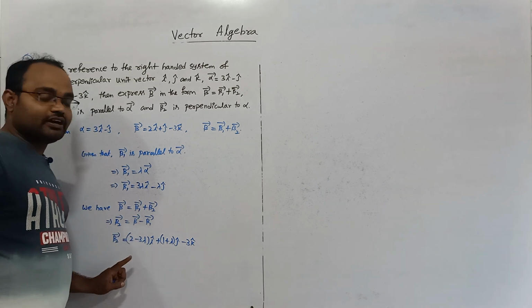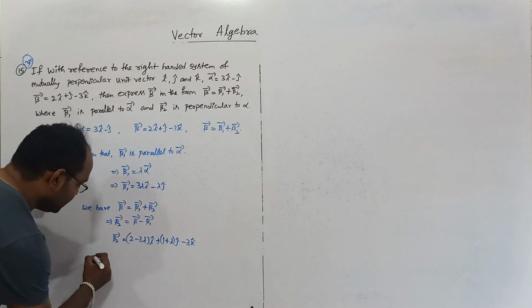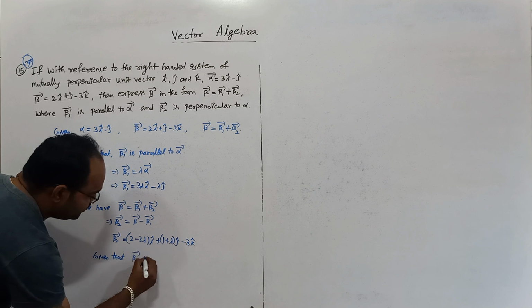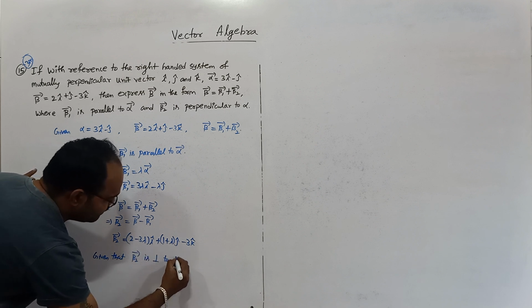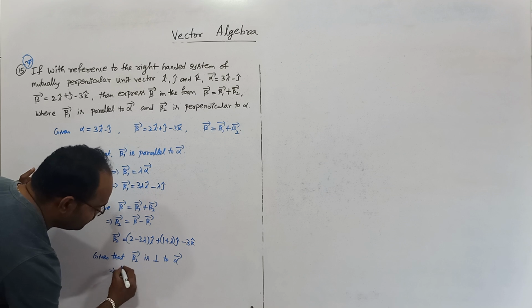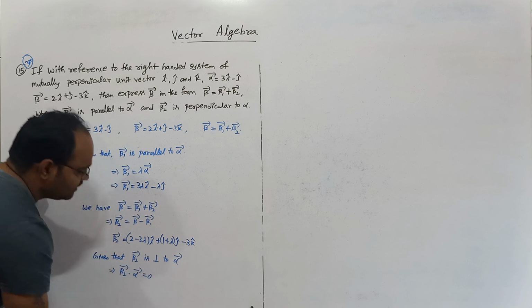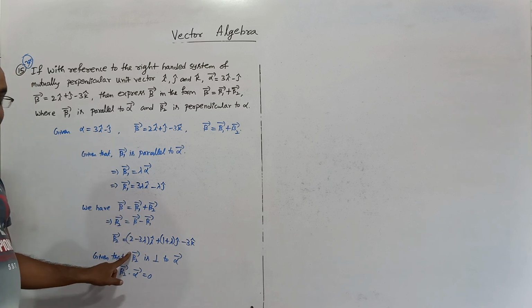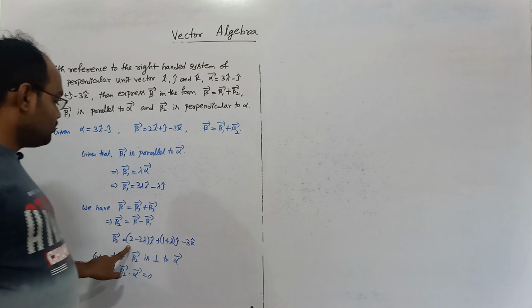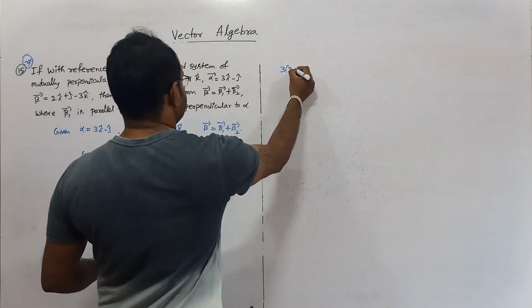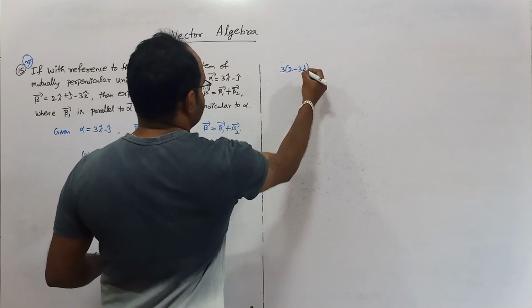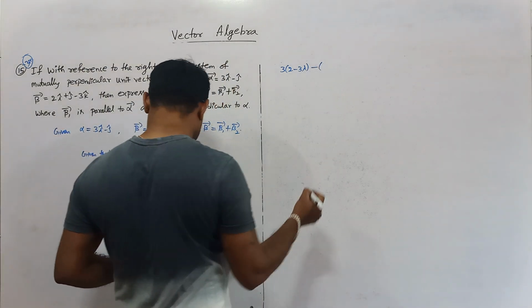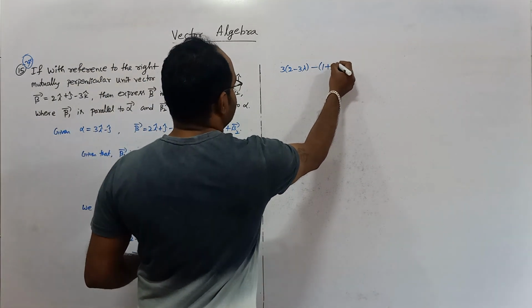Now let us use the given condition and find out the lambda value. So given that beta 2 is perpendicular to vector alpha, this implies that the dot product is 0. Beta 2 dot alpha will be 0. We have to take the dot product with vector alpha. Taking the dot product of these two, i component into i component, that is 3 times 2 minus 3 lambda, then minus 1 times 1 plus lambda.